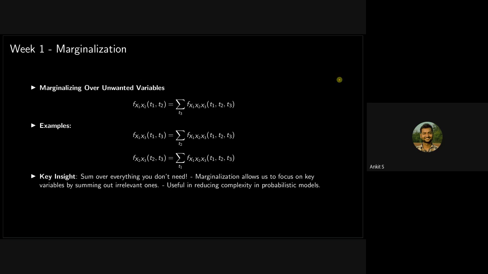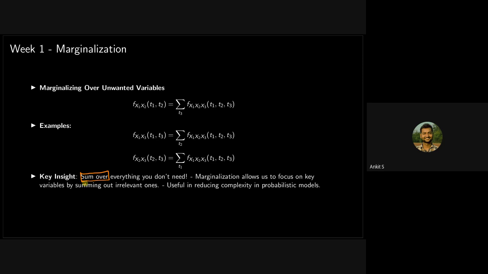This is a general concept, marginalization, that we have been using for two random variables and also more than two random variables. How do we do marginalization? We ignore all the other random variables that we don't want to focus upon. So sum over everything you don't want. And what are you summing?